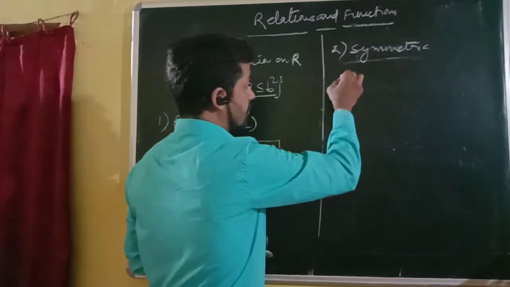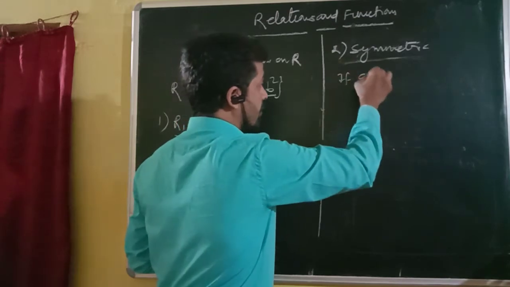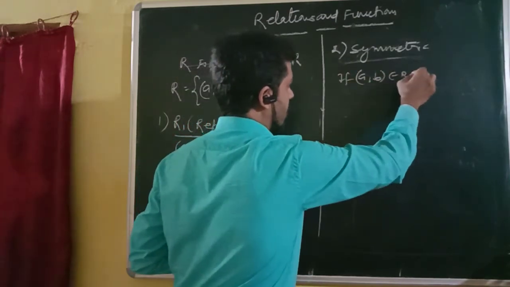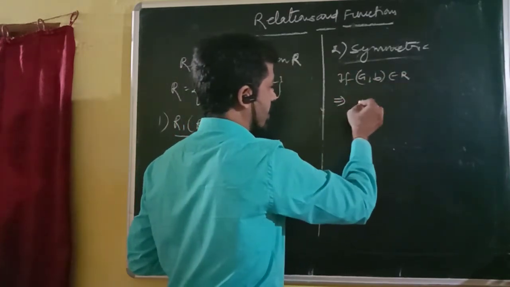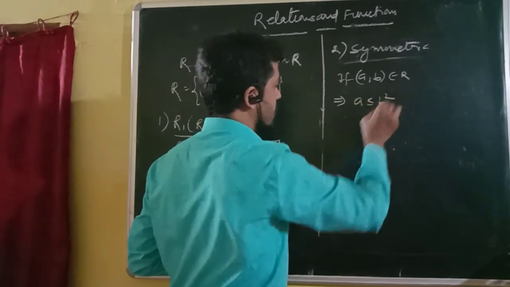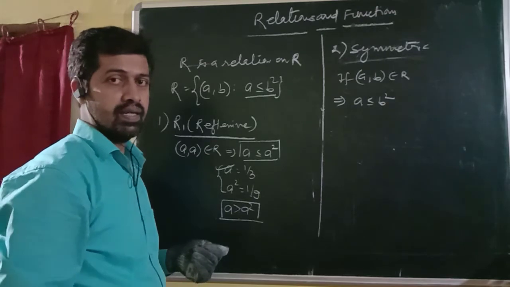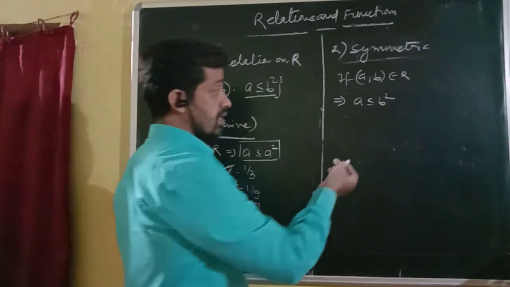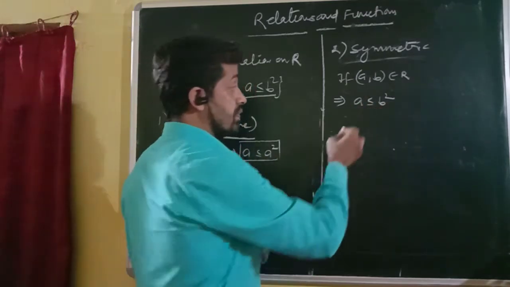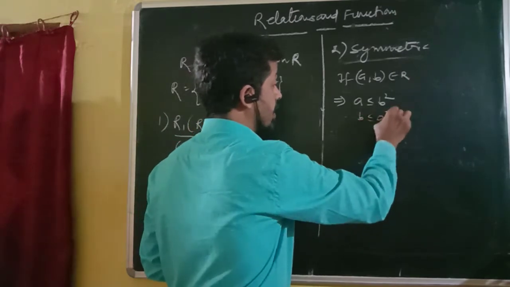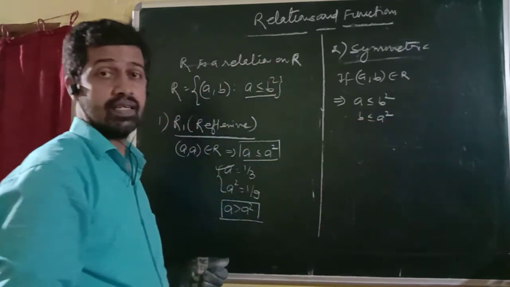So, if A, B belongs to R, then A less than or equal to B square. That is there. But does it mean that B is also less than A square?